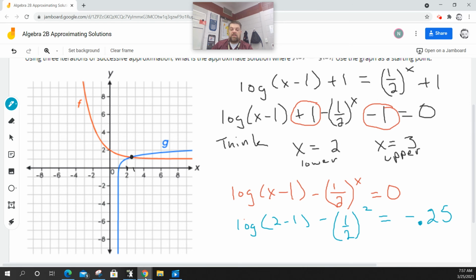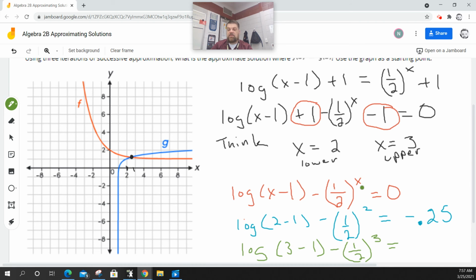And then log of 3 minus 1/2 raised to the 3.